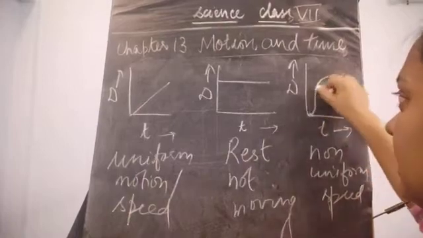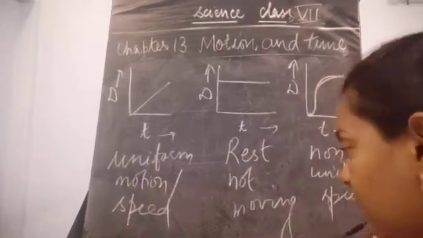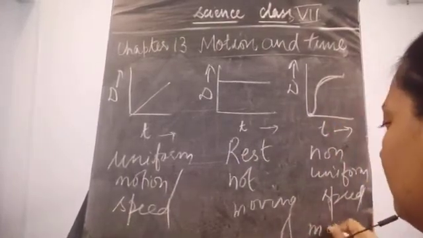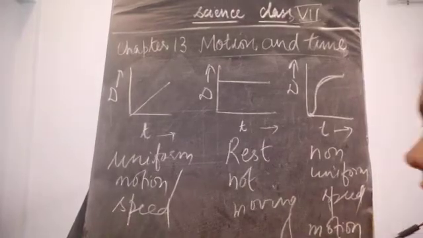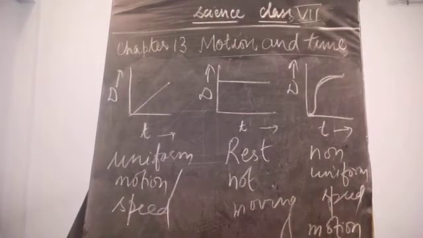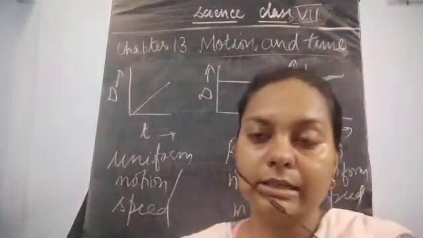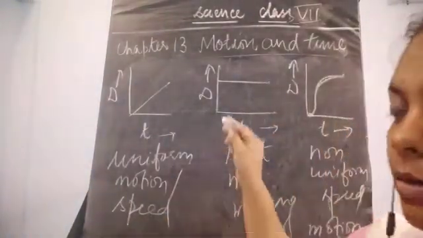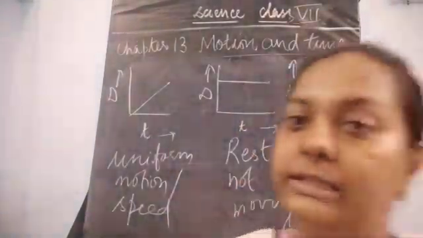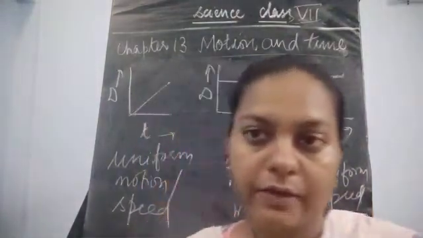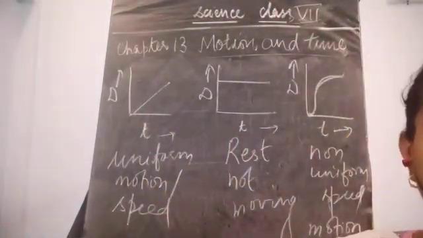Why? Because this is an uneven graph we are getting, so non-uniform speed or non-uniform motion. Okay, so the third one says it is a non-uniform motion, and at the same point we can easily see all these shapes, and we could easily tell what kind of graph is telling you about different types of motion.